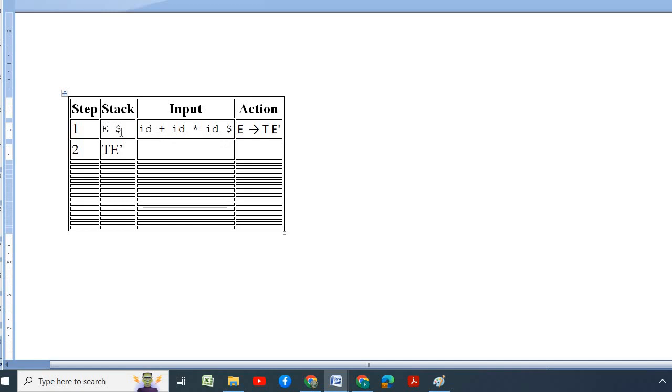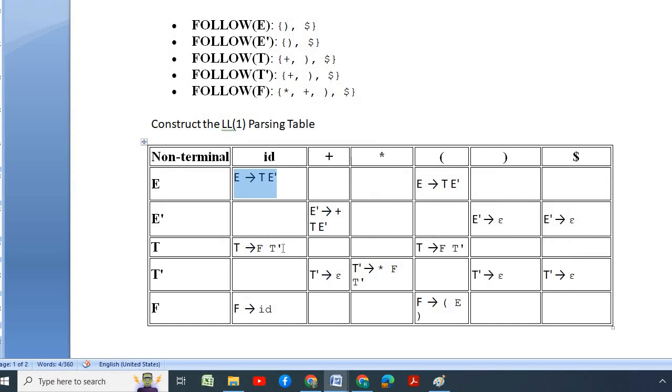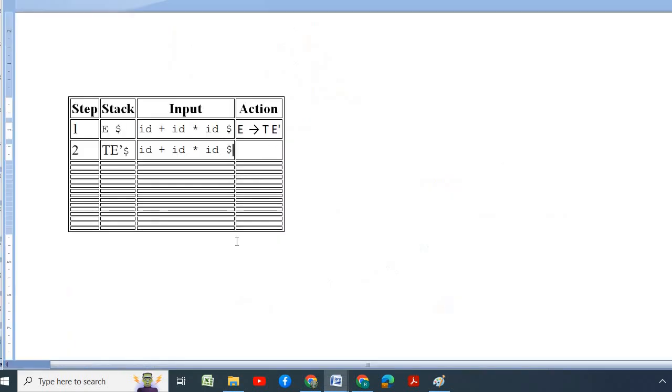Now the stack is like this. Now we have to check for T, ID. T, ID is T tends to FT dash. So we have to apply T tends to FT dash.